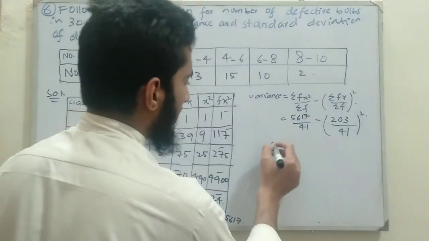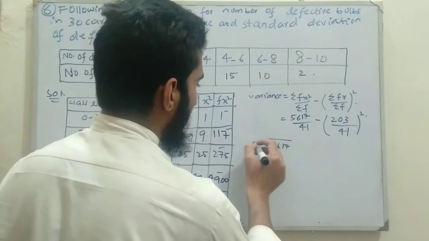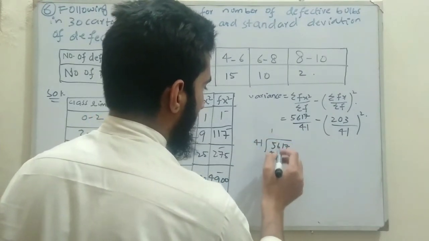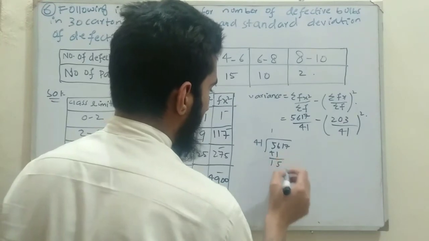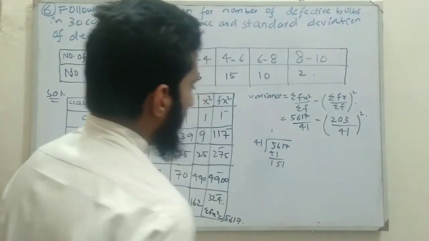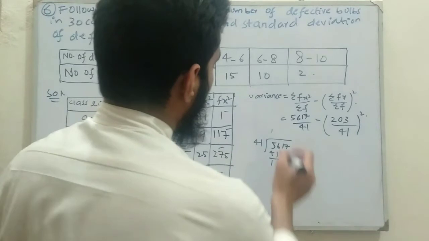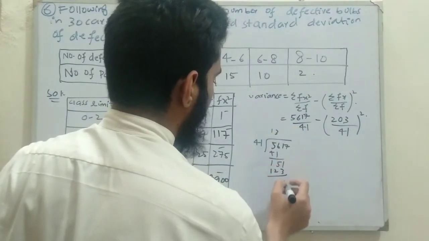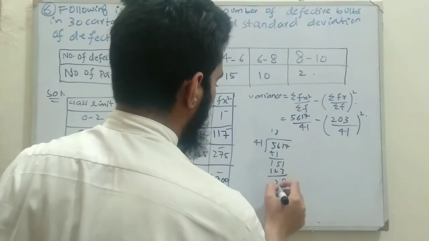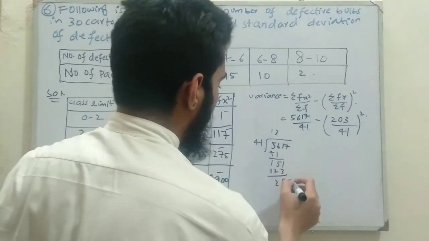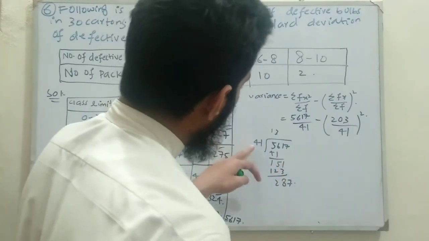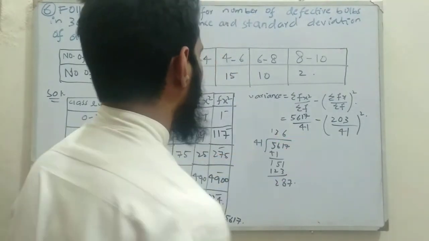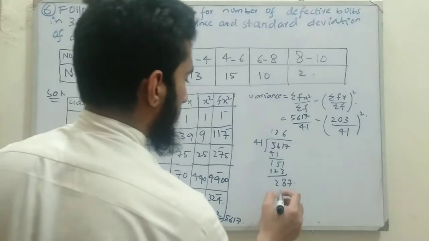Now 5617 divided by 41. So 41 multiplied by 1 gives us 41. So here is 5 and 1, and after this 1. So 41 multiplied by 3 will give us 123. So subtracting, it will give us 8 and 2, and after this 7. So 41 multiplied by 6 will give us 246.